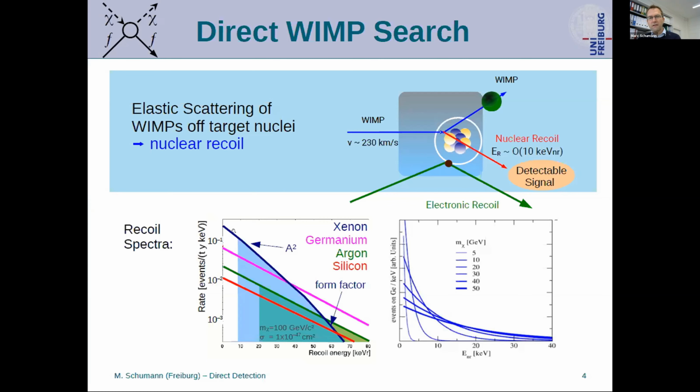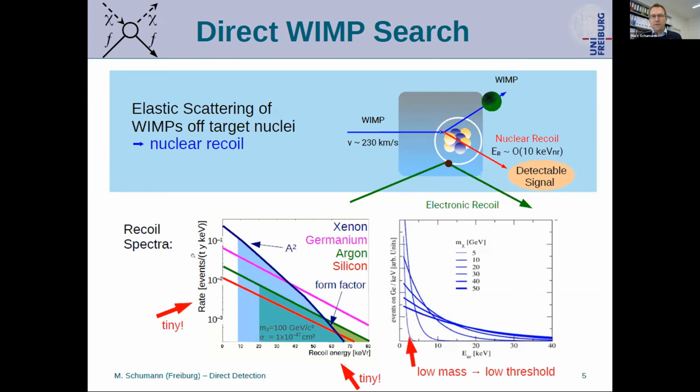What you expect is a featureless falling exponential spectrum, which already tells you that if you want high sensitivity to these interactions, you better have a very low threshold, because the spectra are exponentially rising. And due to coherence effects, it is also favorable to have a heavy target like xenon or germanium, because we benefit from this A² enhancement.